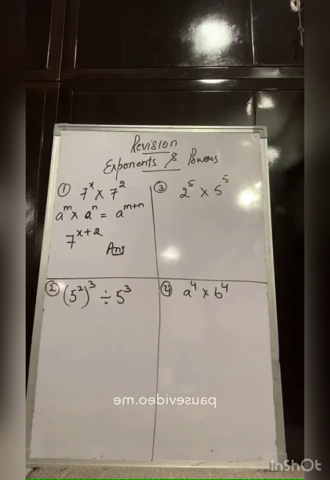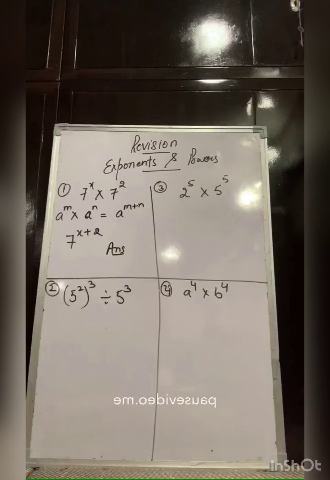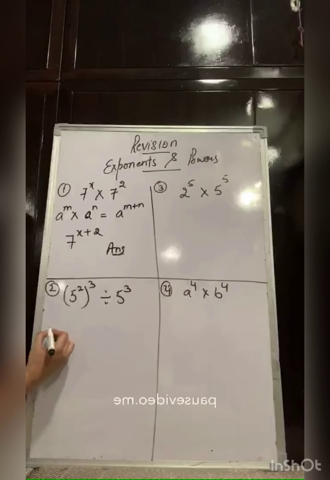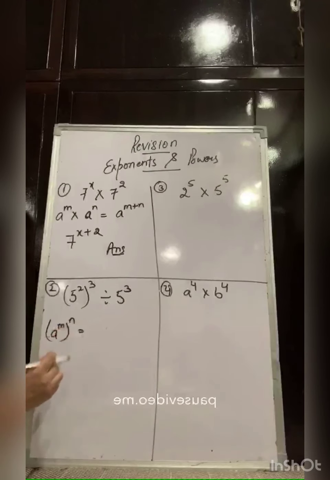Now come to the second question. 5 square whole power 3 divided by 5 cube. Now again we have one more law. A raised to power m whole power n. What is it? Power of power gets multiplied.